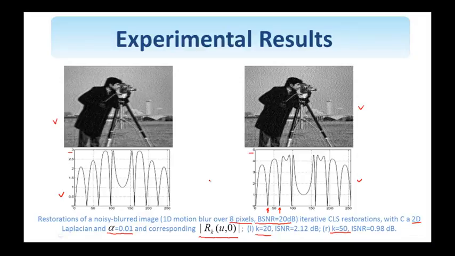Another interesting observation is that the ISNR decreases with the number of iterations. So this image is closer to the original one than this one. However, by looking at the images, I would argue that this probably is a better restoration than this one. Of course, the characteristic is that as the number of iterations increases, the edges become sharper.